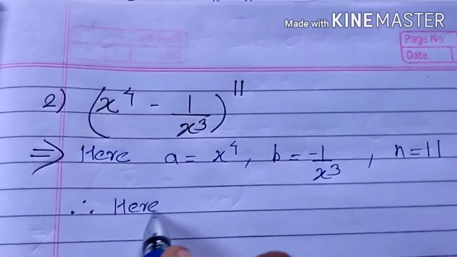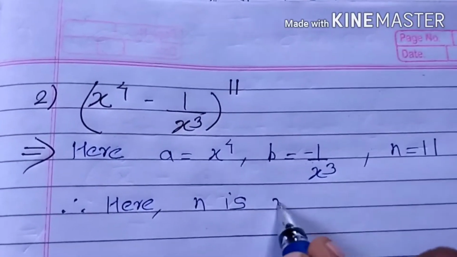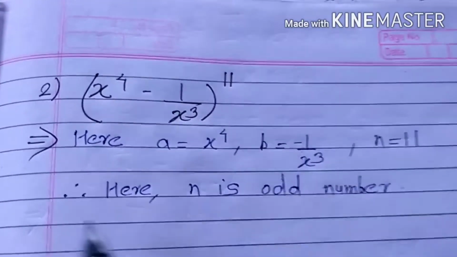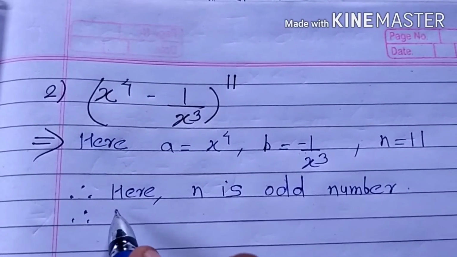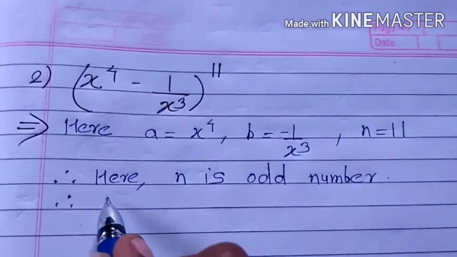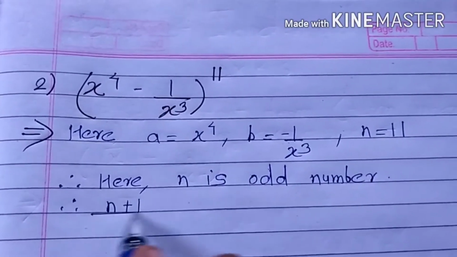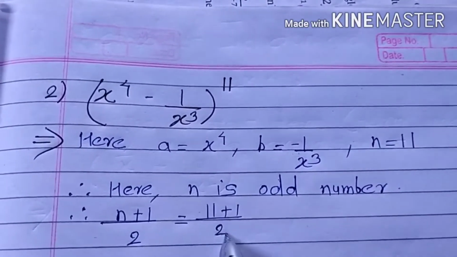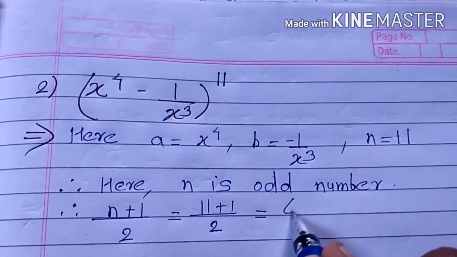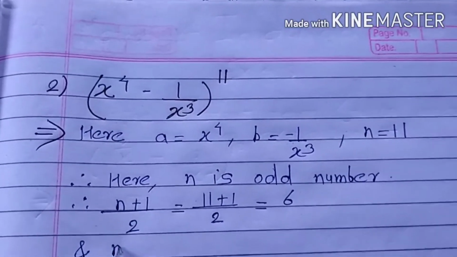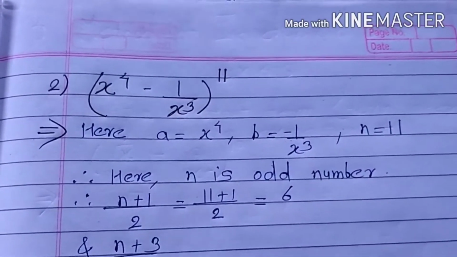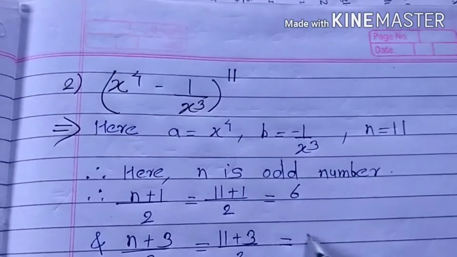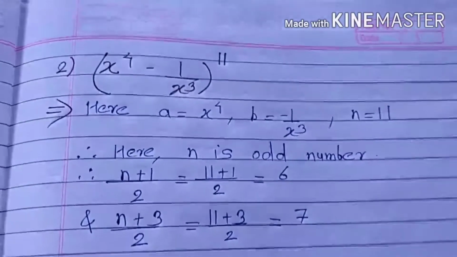Here n is an odd number. Therefore (n + 1)/2 is equal to (11 + 1)/2, so it is 12, and 12/2 is 6. And (n + 3)/2, so (11 + 3)/2, is equal to 14, and 14/2 is 7.